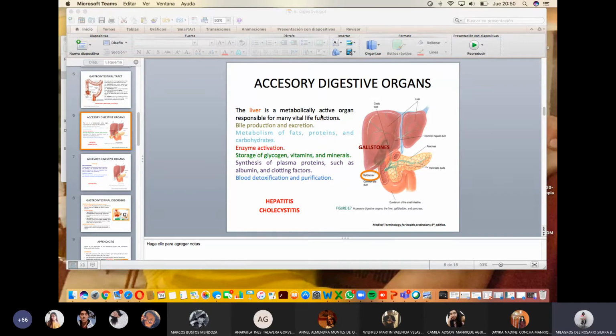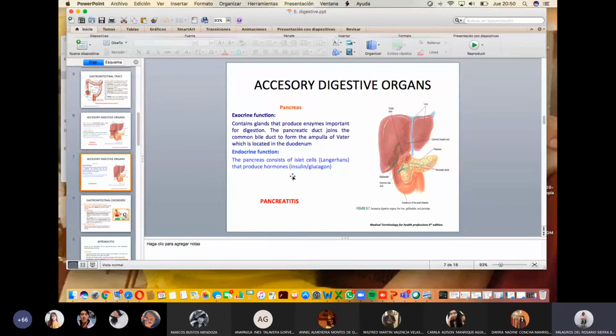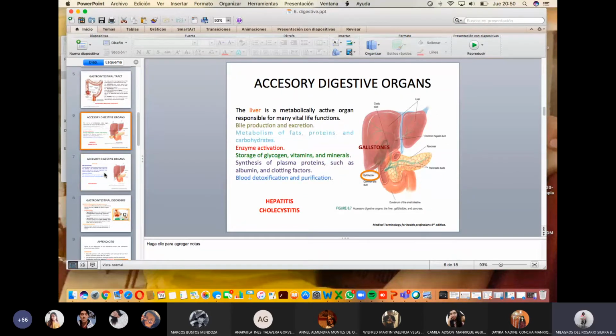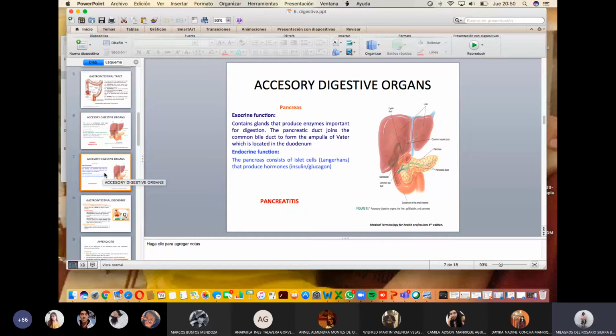Then fatty liver disease is common, for example, in patients that have metabolic syndrome, that are obese. They also can have a type of hepatitis.